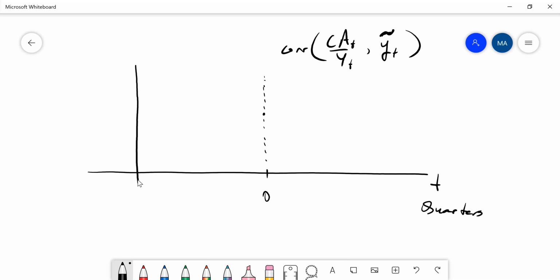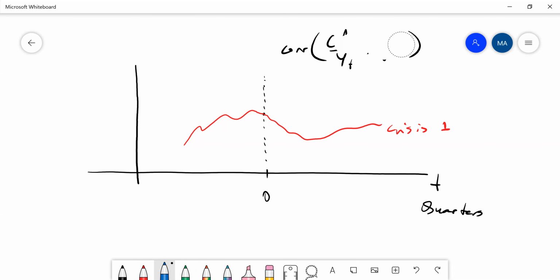First, for instance, you look at a particular crisis. Let's suppose that this is crisis 1. Forget about this, because it will not be factually correct. There could be any correlation or any variable, right?